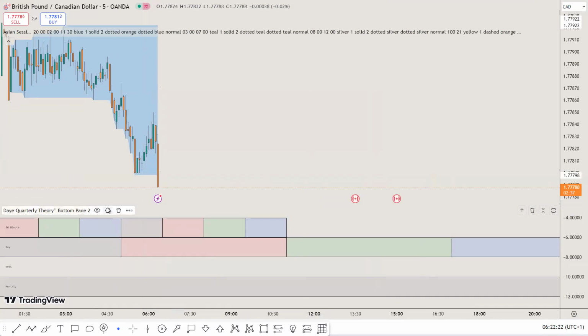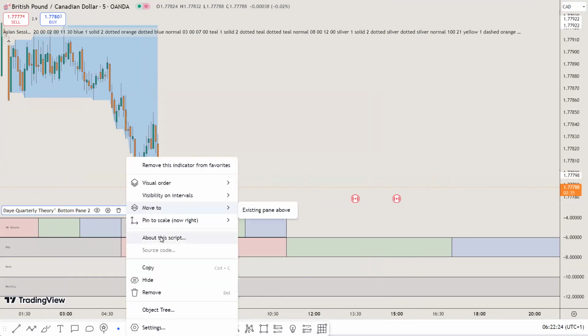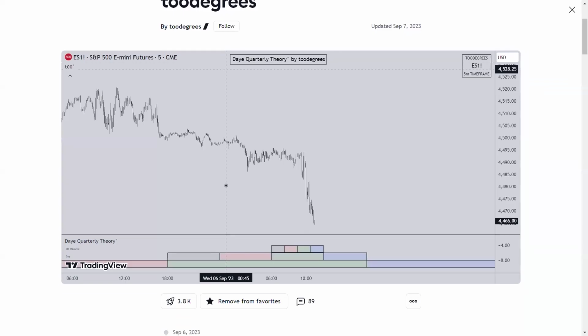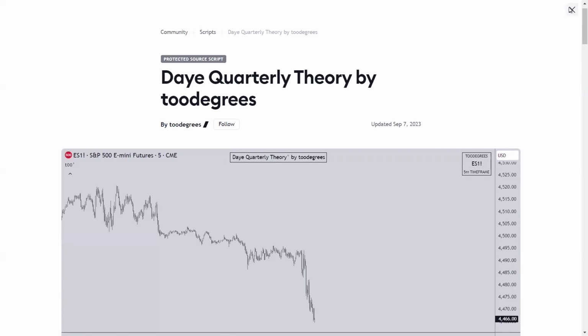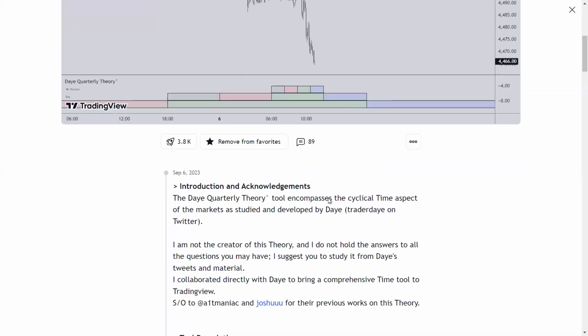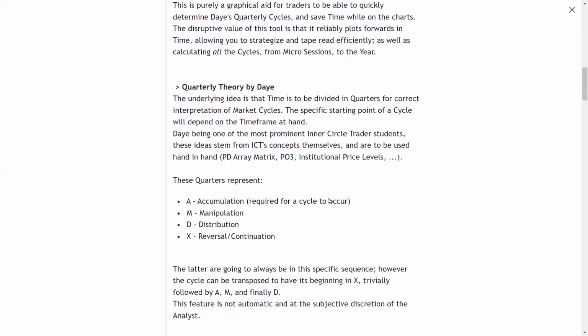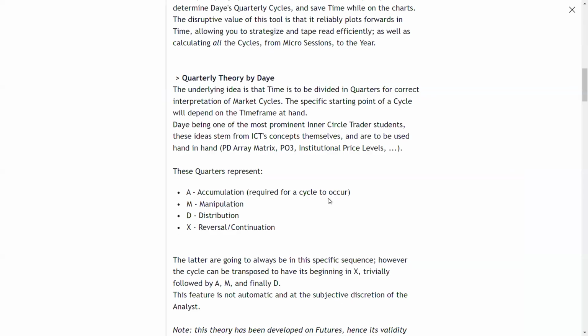I think this is by, let me see, day quarterly theory. Okay. So this is all you need to know about the indicators that were added on the chart.